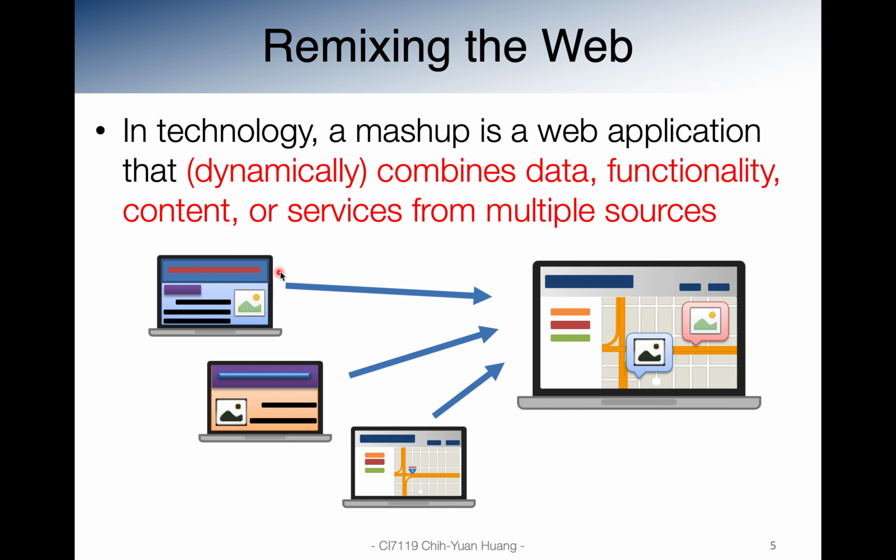In this case, you can collect ghost stories from multiple forums or websites, and then put them on the map to display the locations where those ghost stories happened, and even put some pictures or stories or music there. Eventually it becomes a new application. So this type of application that mixes information or functionality from multiple sources is called a mashup application.